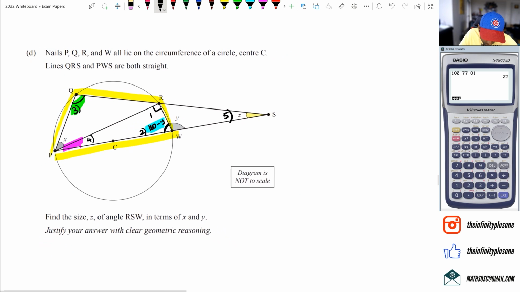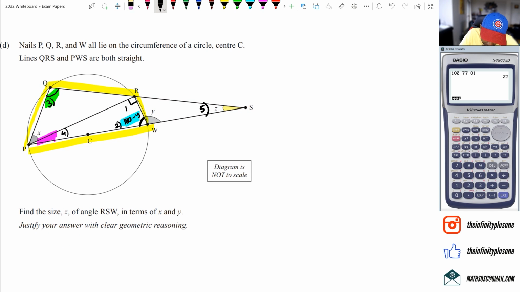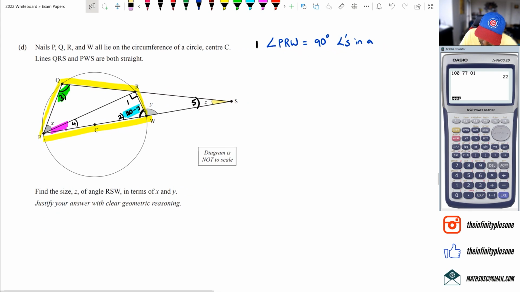Okay, so let's break this down. The first thing we're going to figure out is angle 1. So angle 1 is PRW. That's equal to 90 degrees because angles in a semicircle equal 90.